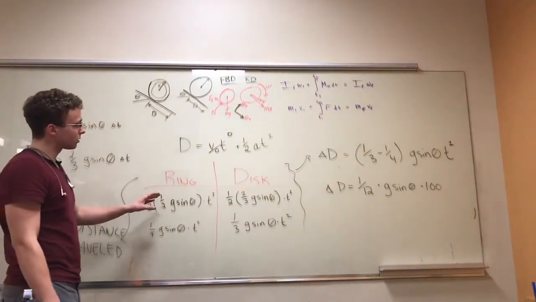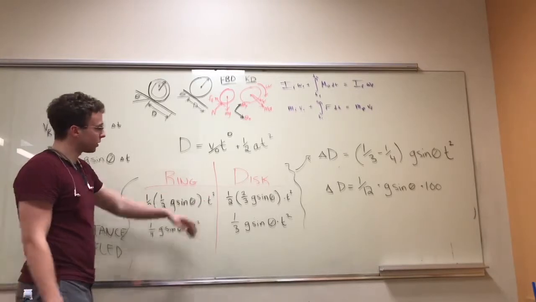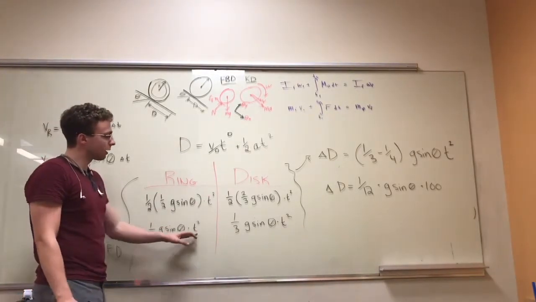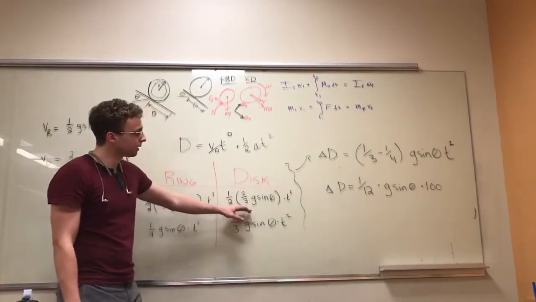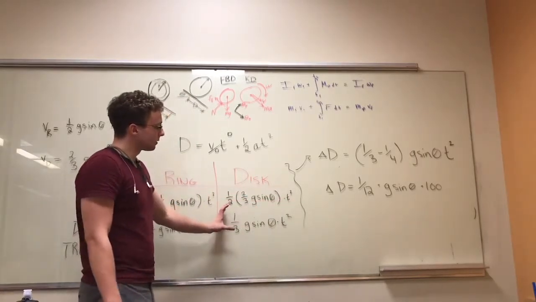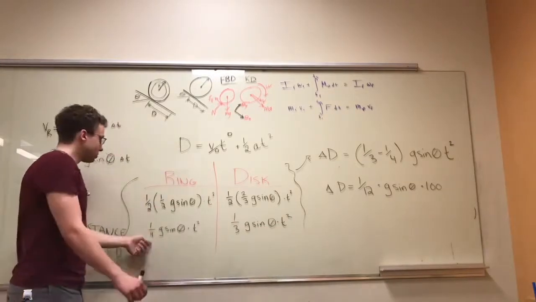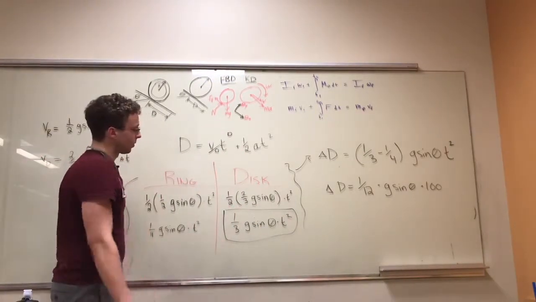For the ring, 1/2 g sine theta is our acceleration, and leaving t as is, multiplying by 1/2 gives 1/4 g sine theta times t squared. For the disk, similarly, 1/2 multiplied by the acceleration, 2/3 g sine theta, times t squared gives 1/3 g sine theta times t squared. We notice that 1/3 is larger than 1/4, so the disk will be in front.